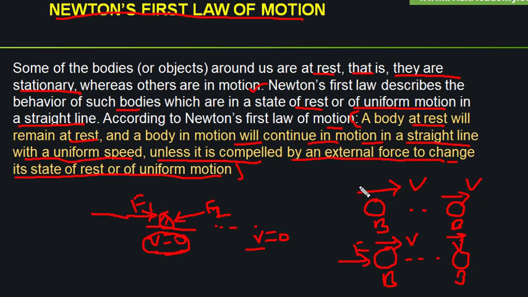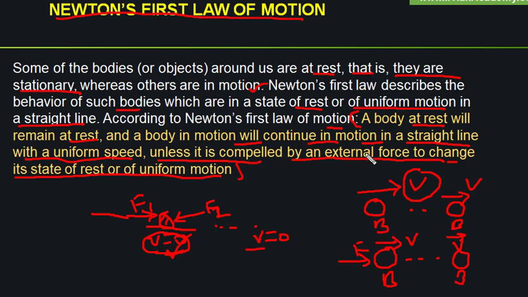The rest means a body is not moving, so its velocity or speed is zero. And uniform motion means a body is moving with a constant speed or velocity. So Newton's first law of motion describes a body which is at rest or moving with a uniform velocity in a straight line.